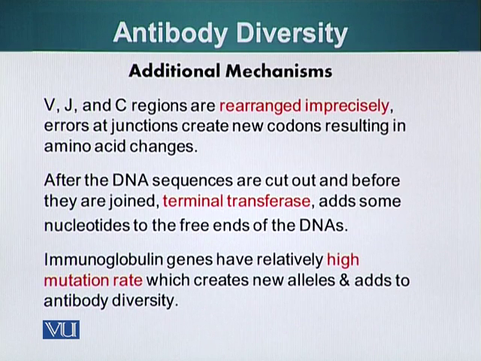This mechanism also enhances diversity of antibodies produced by B cells. After the DNA sequences are cut out and before they are joined, the enzyme that catalyzes this process is not very precise, and it adds or removes nucleotides, again generating more diversity.